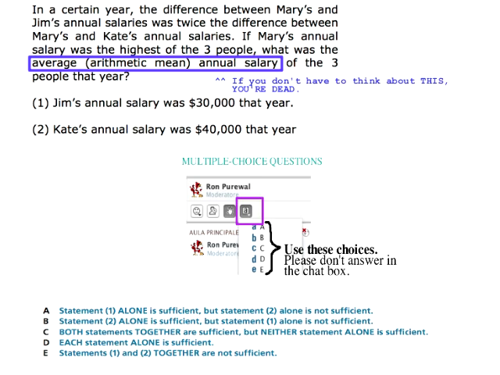Averages are not maximum values. If you're managing time well, you're going to have just about as many problems over 2 minutes as under it. So don't think that 2 minutes is some kind of upper limit, because it's not.